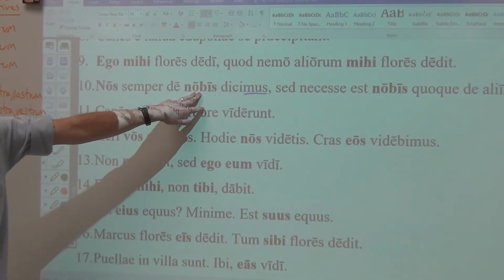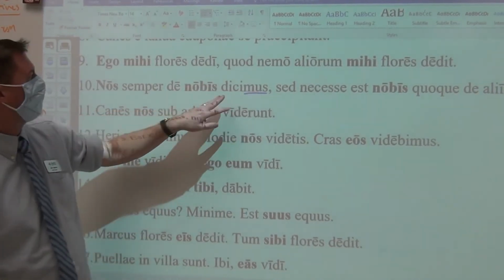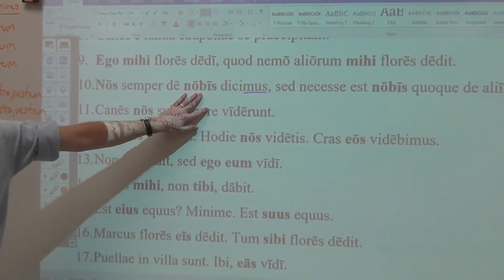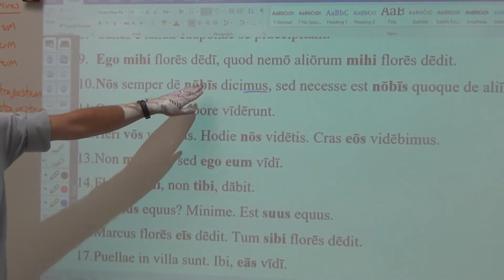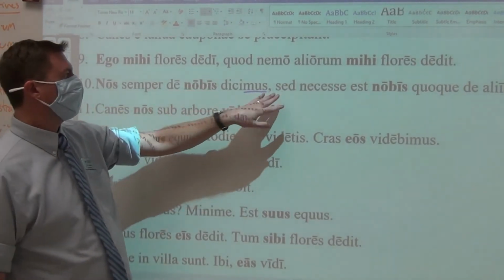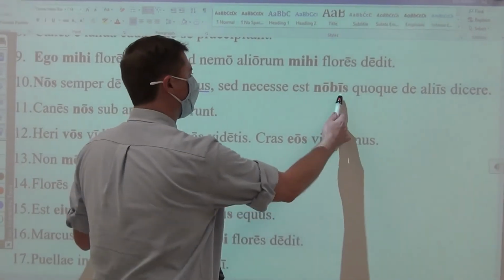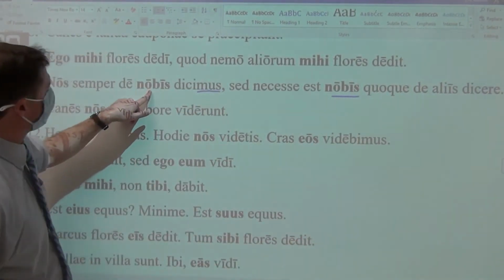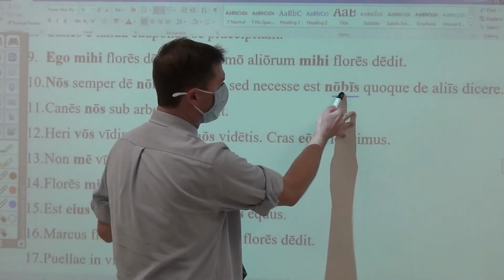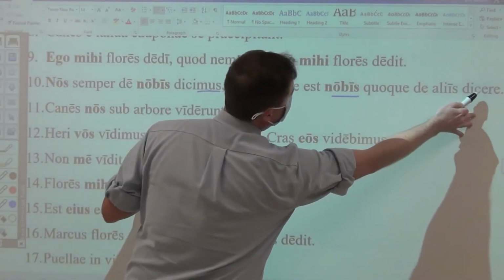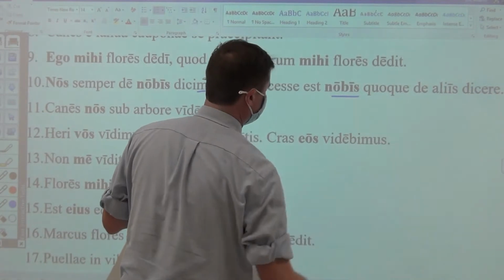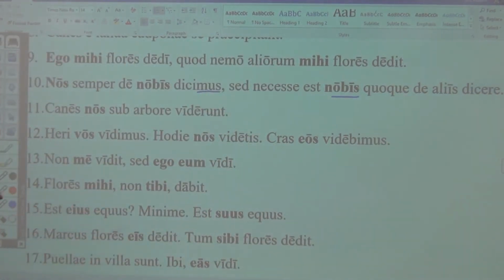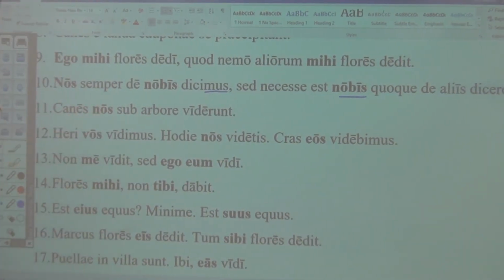Since it is the same as our subject we, it is we always talk not about us, but we always talk reflexively about ourselves. But it is necessary, now it's not reflexive, for us, about ourselves, dative for us, also to talk about others. So don't be egotistical.